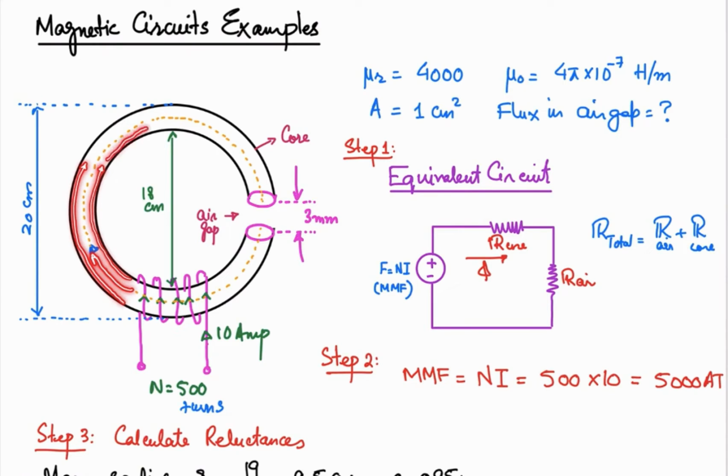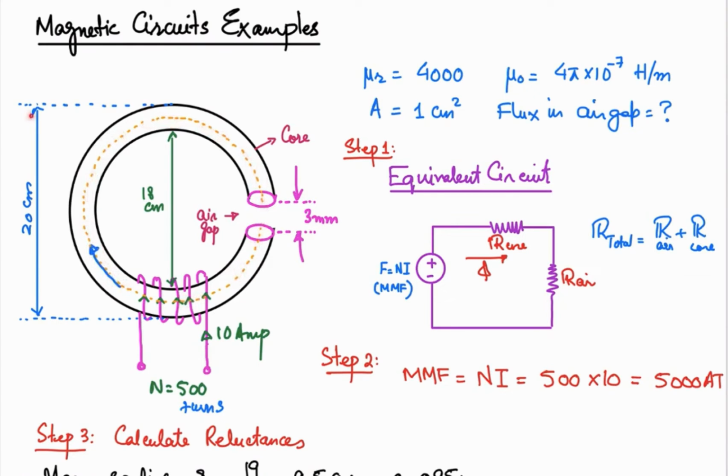So the distance traveled by a certain magnetic line will be different from line to line. The line passing on the outer periphery will cover more distance compared to the line passing at the inner periphery. So in order to simplify our calculation, we will assume that the magnetic lines of forces move at the mean path, the mean or average distance, that is the central distance in the core structure.